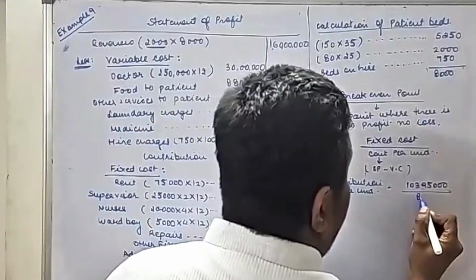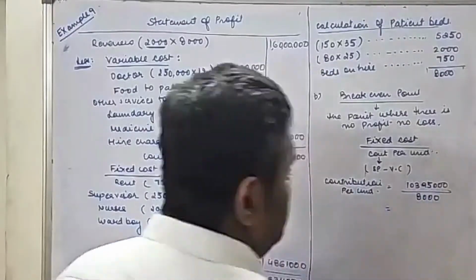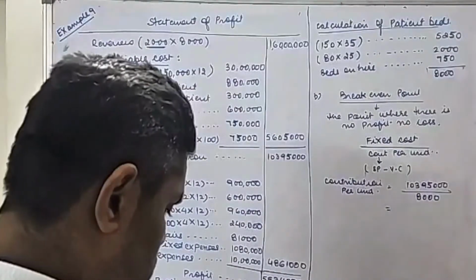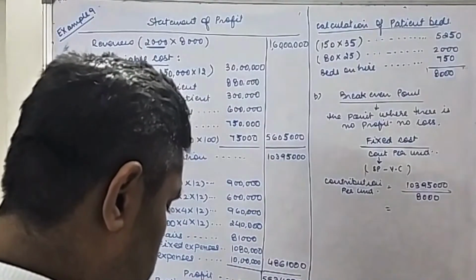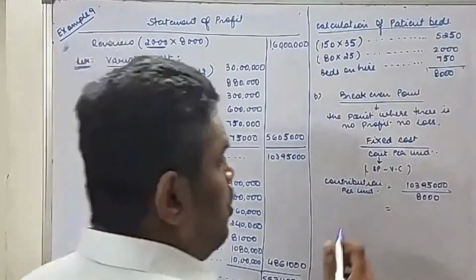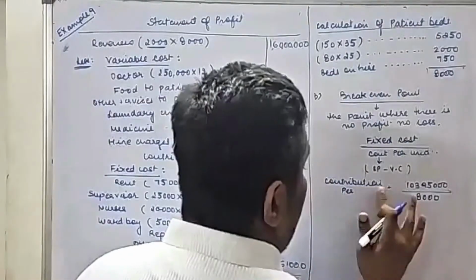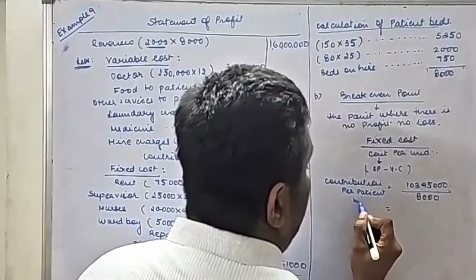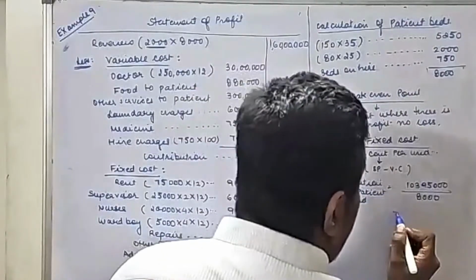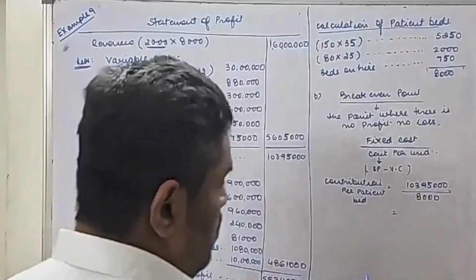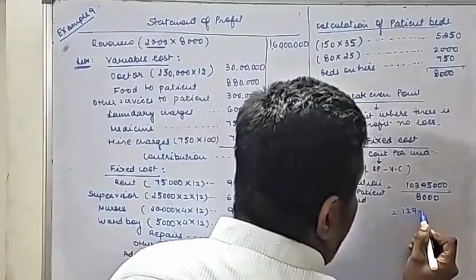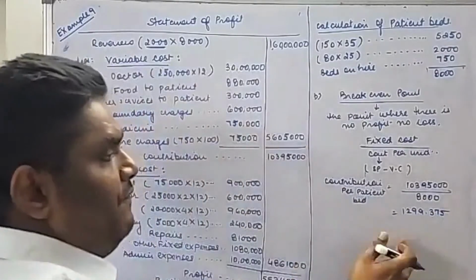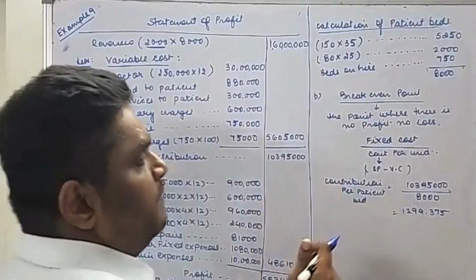divided by my patient beds, which are 8,000. So contribution per patient, or we can say contribution per patient bed, will be equal to 1299.375. So we have the contribution per patient beds.